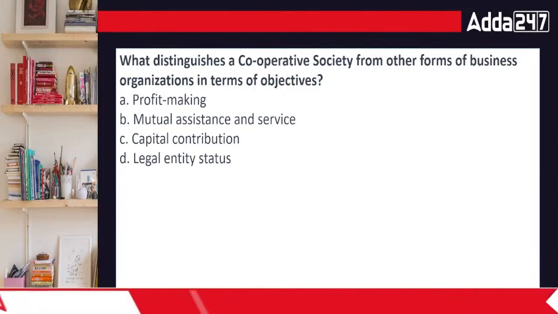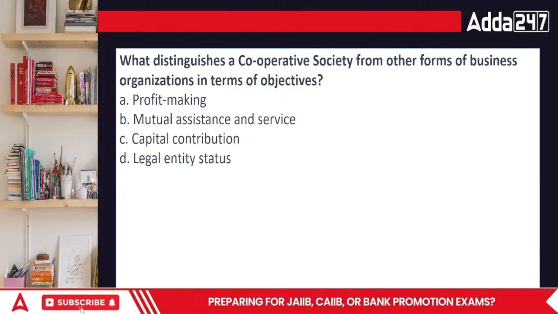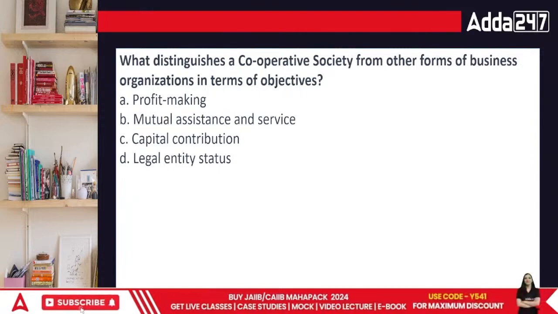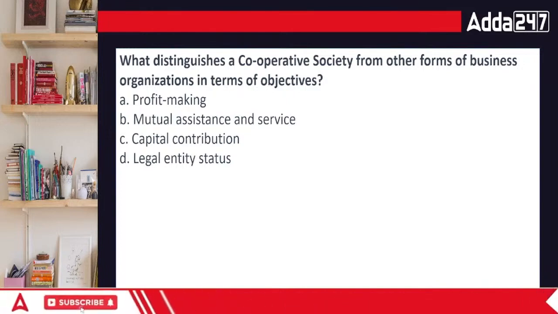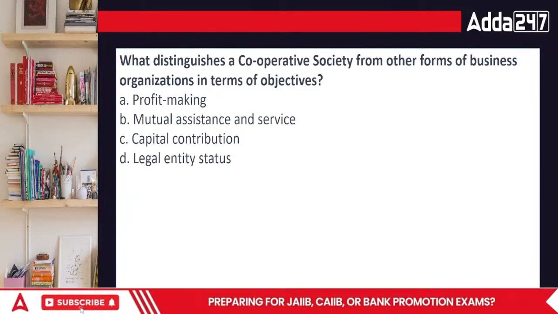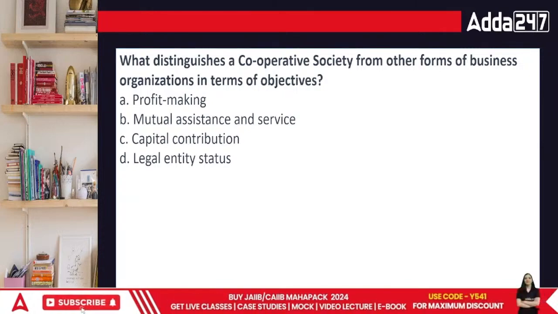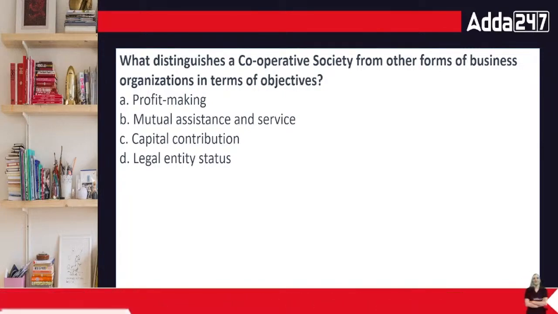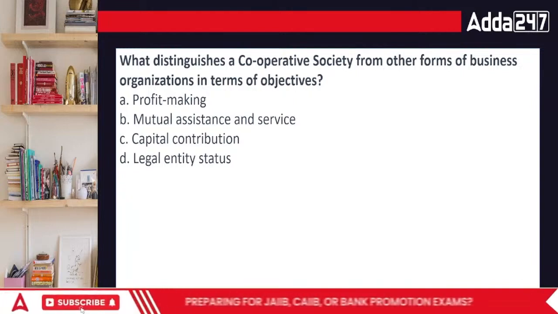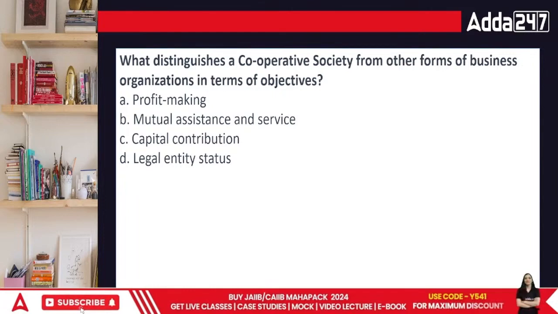What distinguishes a cooperative society from other business organizations in terms of objectives: profit making, mutual assistance, capital contribution, and the last one is legal entity status. A cooperative society is basically something which doesn't work on a money basis.